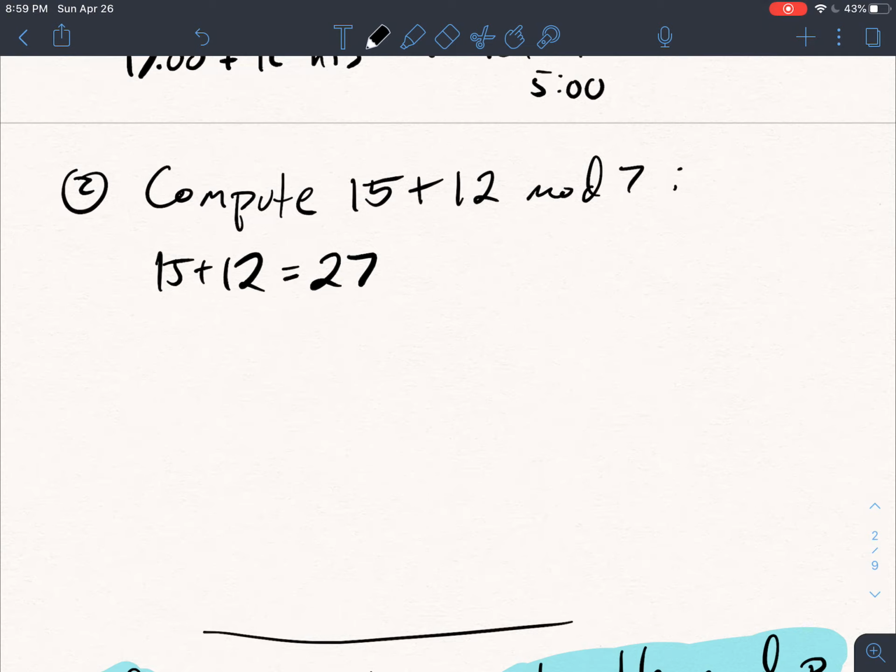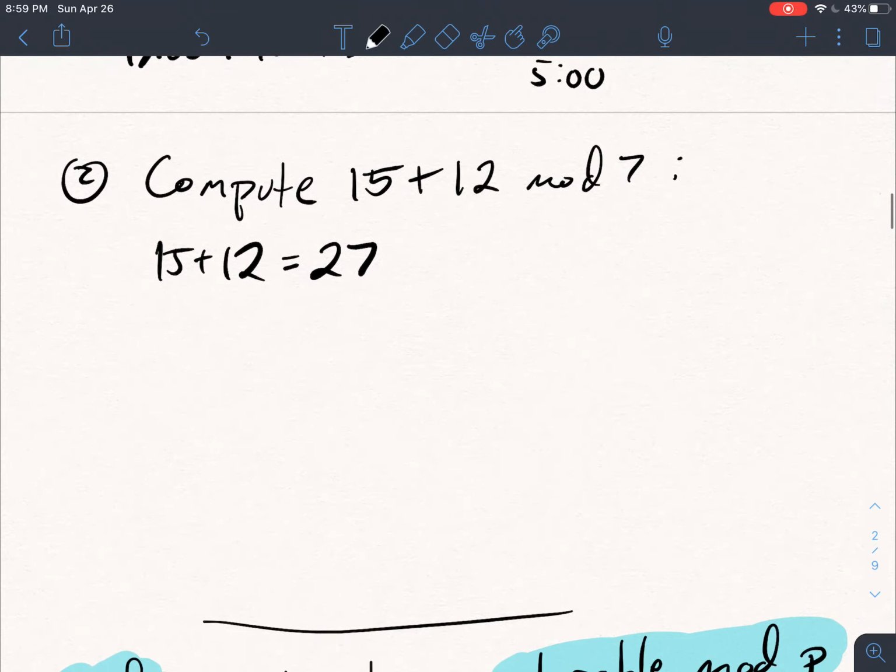So 15 plus 12 is equal to 27. And what I mean by compute this mod 7 is really find an integer between 0 and 6 that is congruent to 27 mod 7. So I'm going to just subtract some multiple of 7 so that I get a number between 0 and 6.